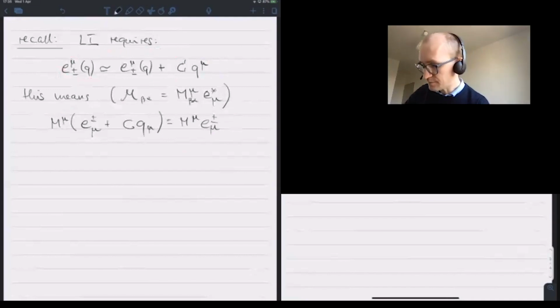Okay, but it's obvious that this is just a statement of the Ward identity, so this is correct. This means that M mu, if I contract it into Q mu, better vanish.